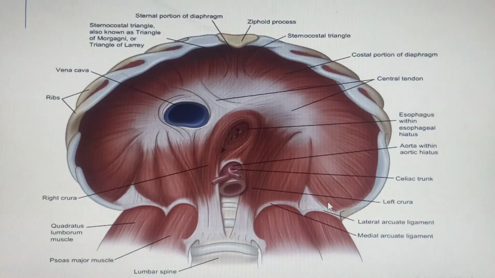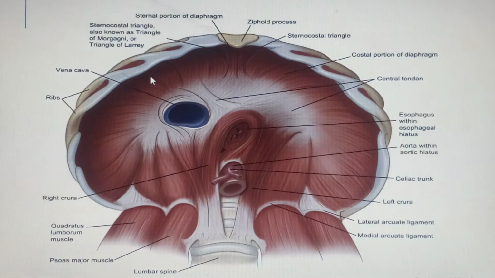So there we are. We have the diaphragm. The diaphragm will have vast origins, originating from the xiphoid process of the sternum and from the lower six ribs. We have 12 pairs of ribs.